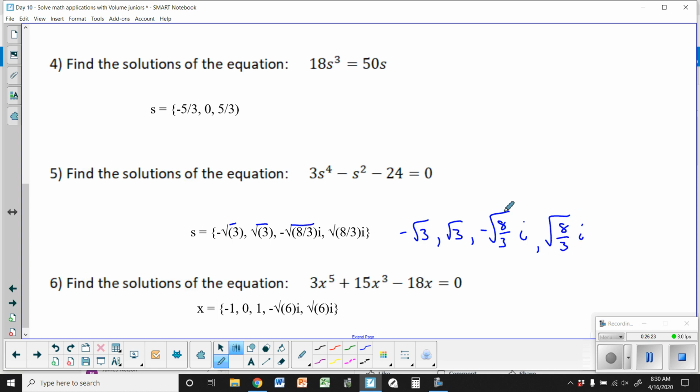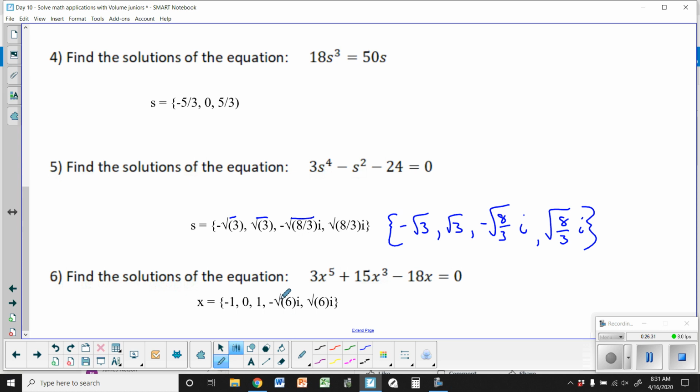And these do simplify further, but it's fine to leave them like this for our purposes here. And then this is negative square root of 6i and square root of 6i. So remember that i is on the outside.